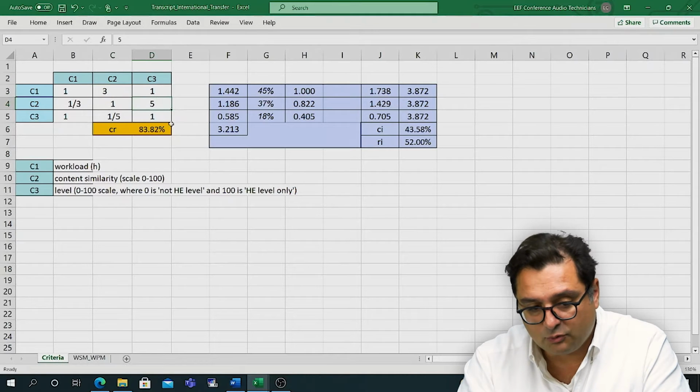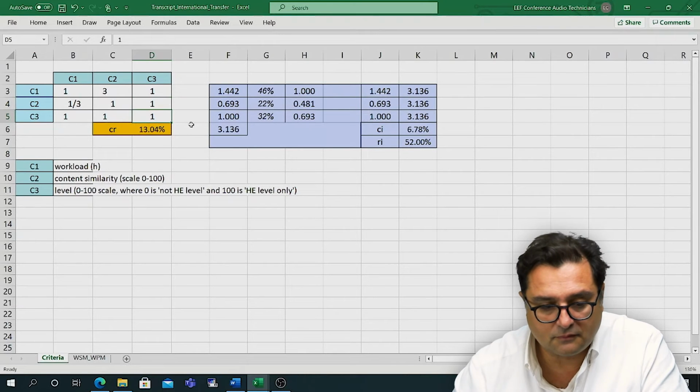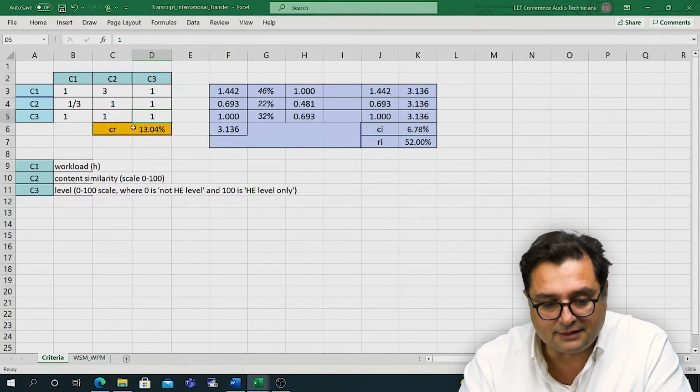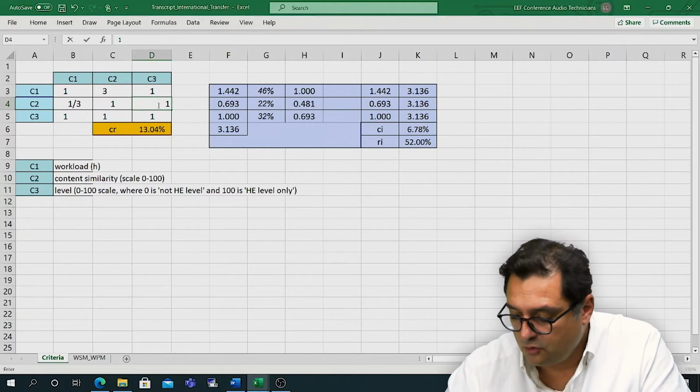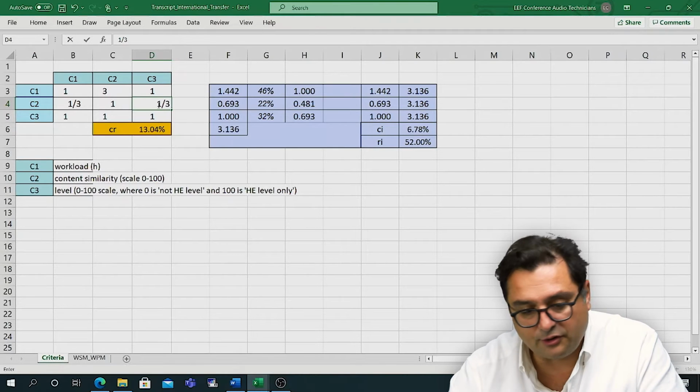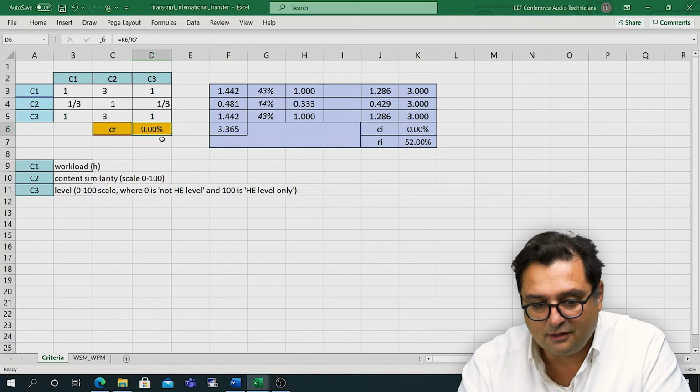Let's see what would happen if we change the value 5 here with the value 1. You still see that the consistency ratio is over 10%. That means that our judgment is not fully correct. What would happen if we use, let's say, 1/3 here? Oops, what a surprise. We have a consistency ratio of 0.